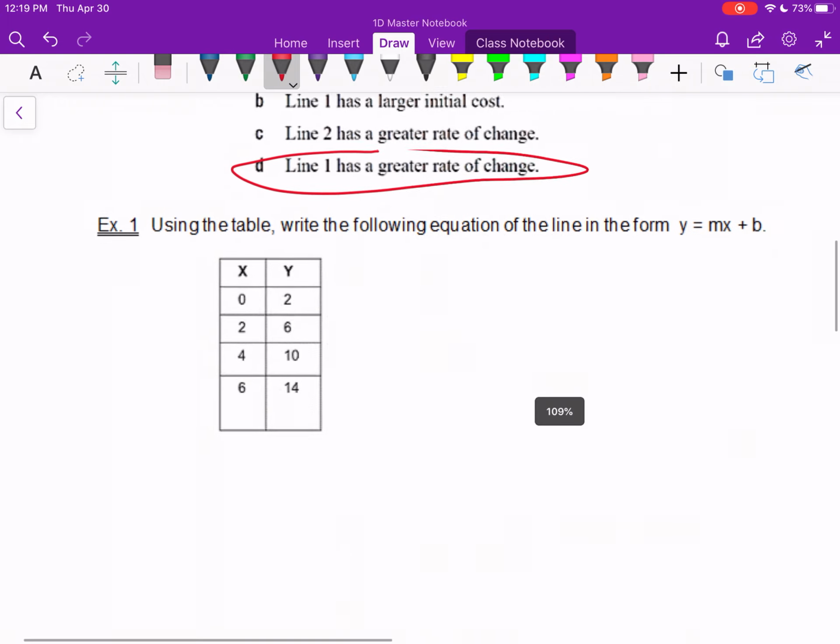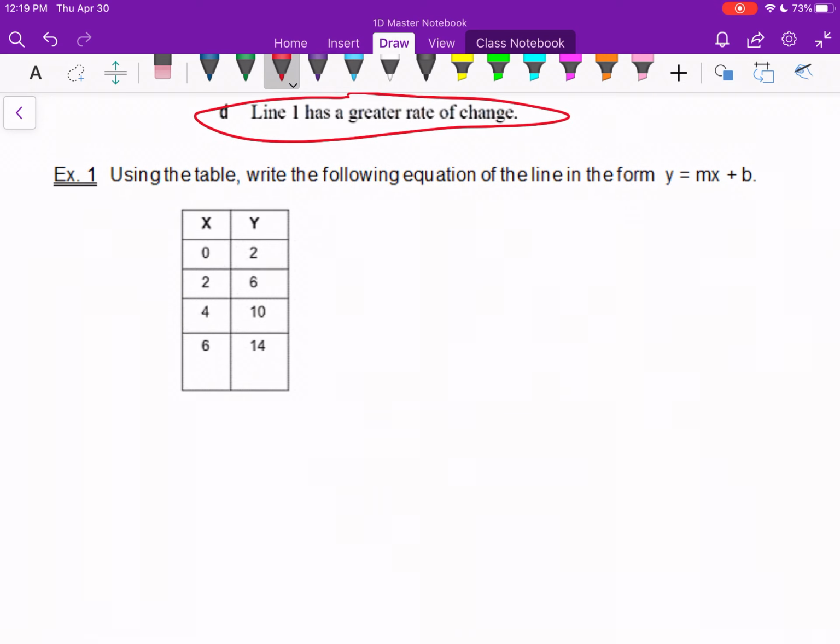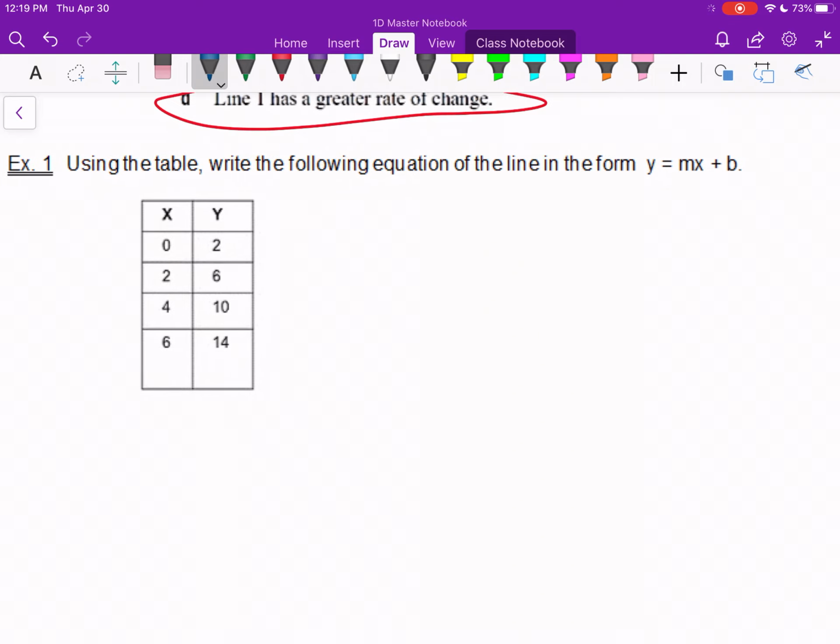Okay, let's jump into our actual lesson for today, which has to do with coming up with equations based on tables of values. So again, we're looking at y equals mx plus b. This is what we're always going back to. Today I'm going to highlight slope in yellow.